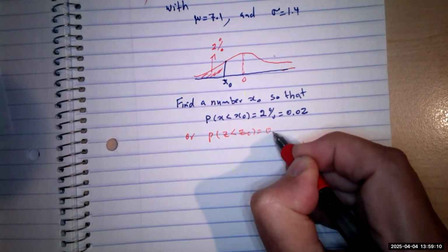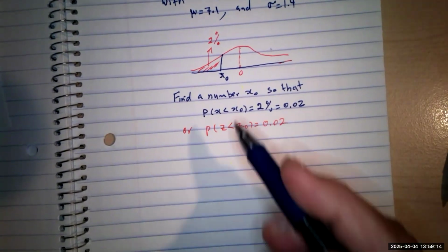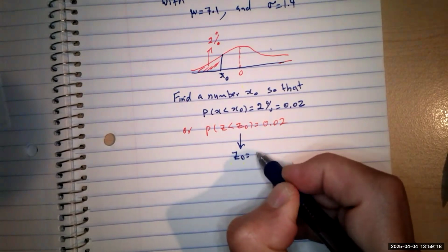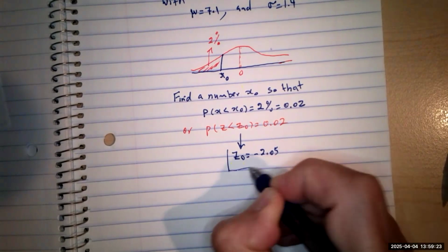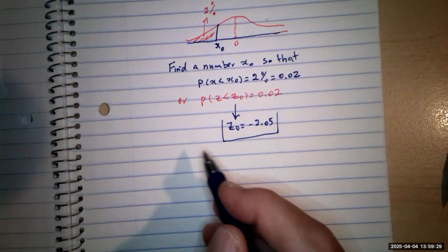You want to find this, but according to the Z table, this Z naught is going to be negative 2.05, and you have to find the X.